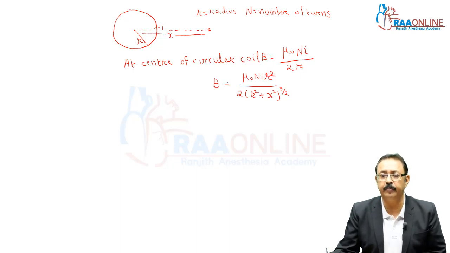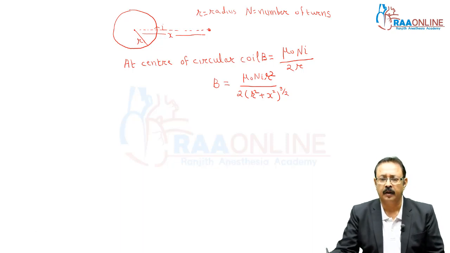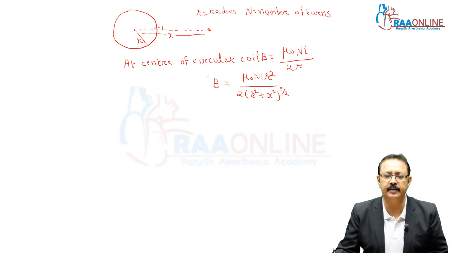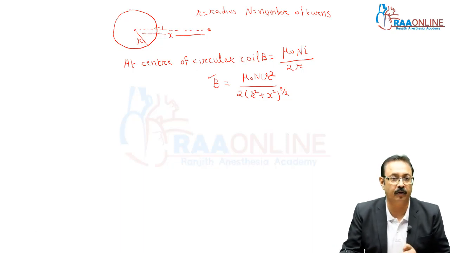If we put x 0, r square raised to the power 3 by 2, 2 will cancel with 2, you will get r cube, 2r will cancel out and you will get 1r in denominator. So, same formula it is. So, if you can learn this, with the help of this, you can calculate magnetic field at center also.